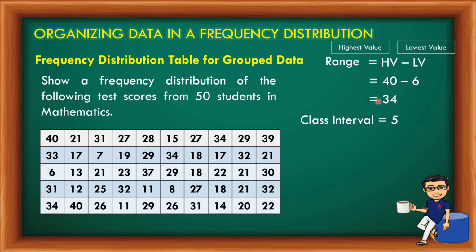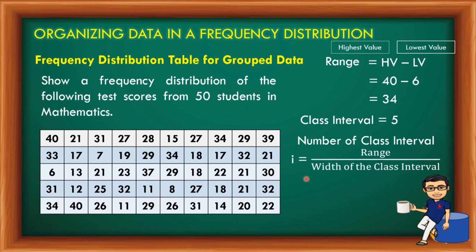So, dahil alam na natin ang ating range at alam na natin yung ating class interval, pwede na nating alamin ang number of class interval. So, para malaman natin ang bilang ng class interval, ito yung kailangan natin. So, the number of intervals is equivalent to the range over the width of the class interval. Ito yung 34. Ito yung width of the class interval natin, which is 5. So, isa-substitute lang natin yan. 34 divide 5.